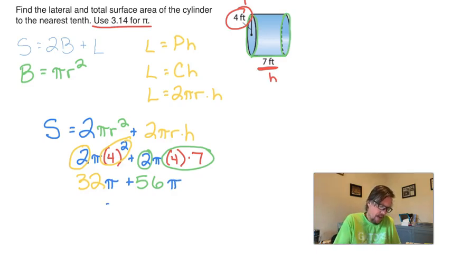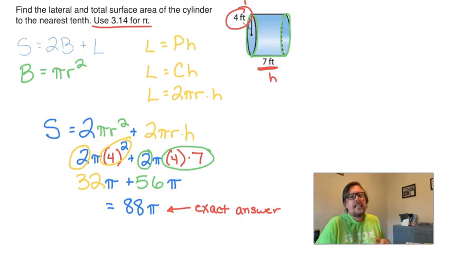And 32 pi plus 56 pi is 88 pi. And 88 pi is not what the problem wants us to do, so we're not finished. But this is what is called the exact answer. The exact answer meaning I do not have to round the answer. 88 pi is exactly what the answer is.